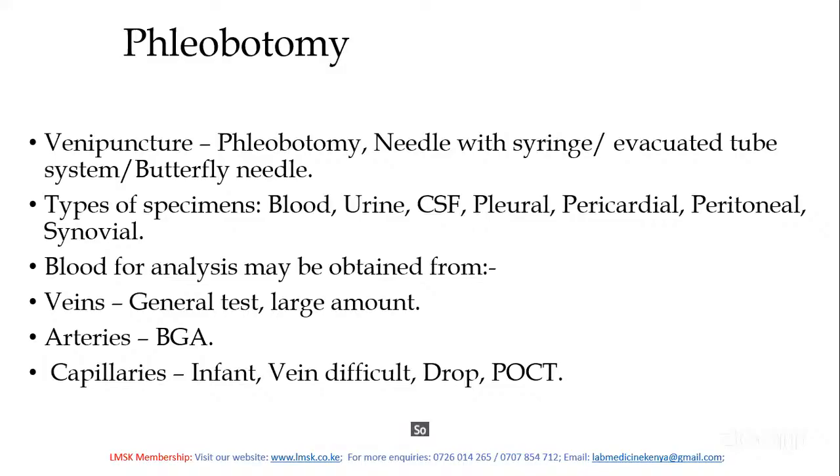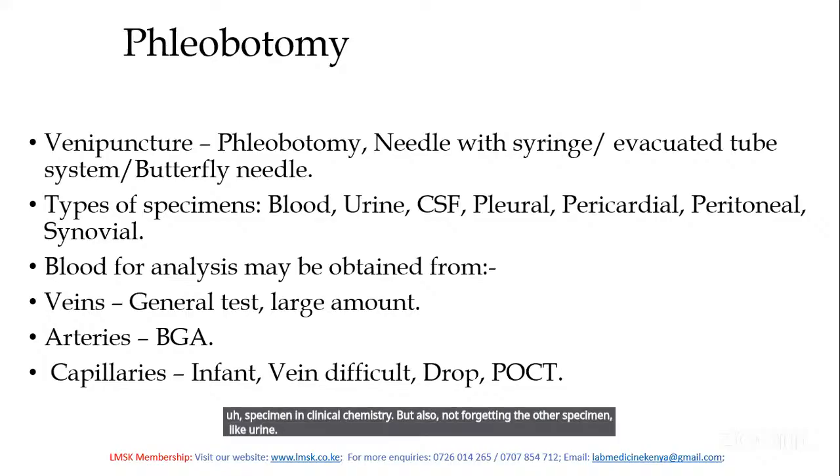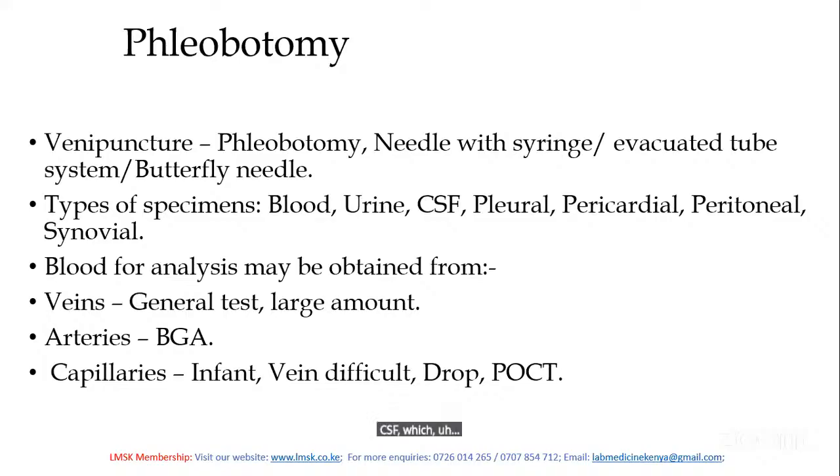So in clinical chemistry, the specimens we handle include blood, which is the major specimen in clinical chemistry, but also not forgetting other specimens like urine, CSF, which diagnoses disorders of the brain, pleural fluids from the lungs, pericardial from the heart, peritoneal from the stomach, synovial fluid from the joints.